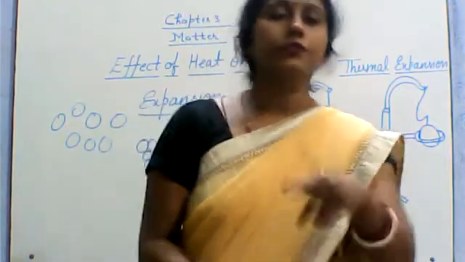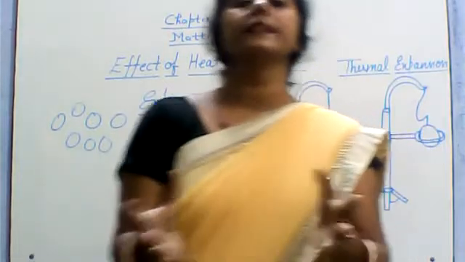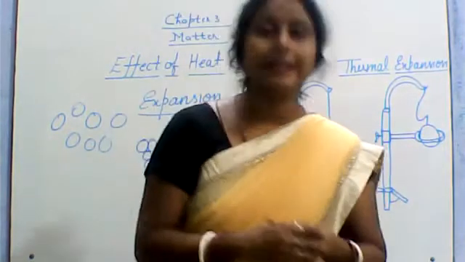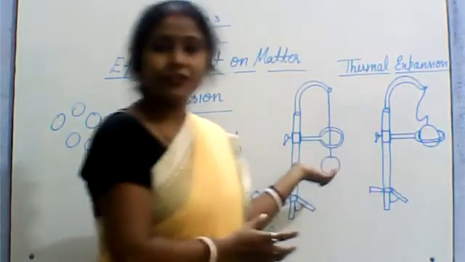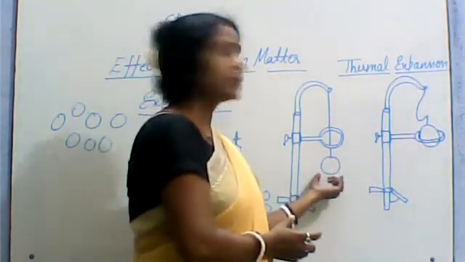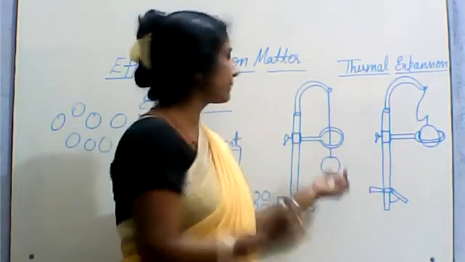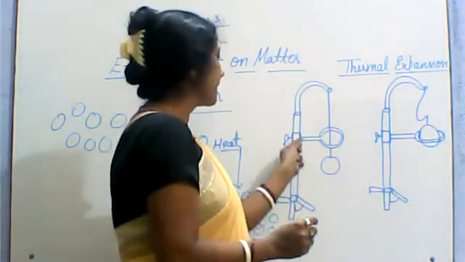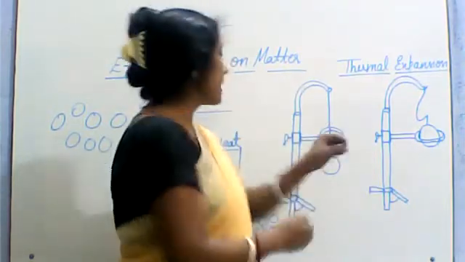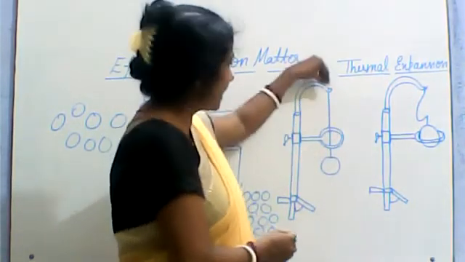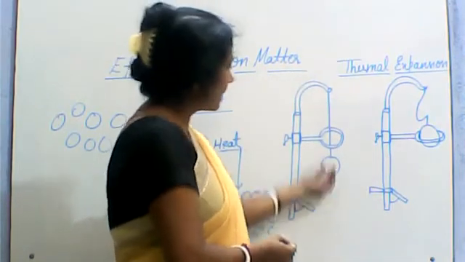So due to heat, if expansion is there, we say that thermal expansion. Here is one figure I have drawn for you. This is one small iron ball, and this is a hollow clamp. Without heating, if we just put the ball inside, it goes inside.